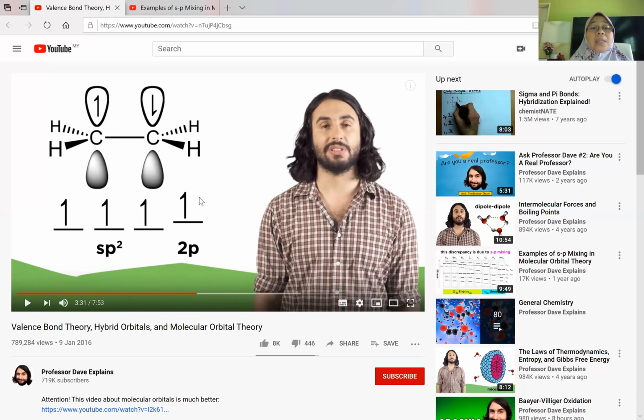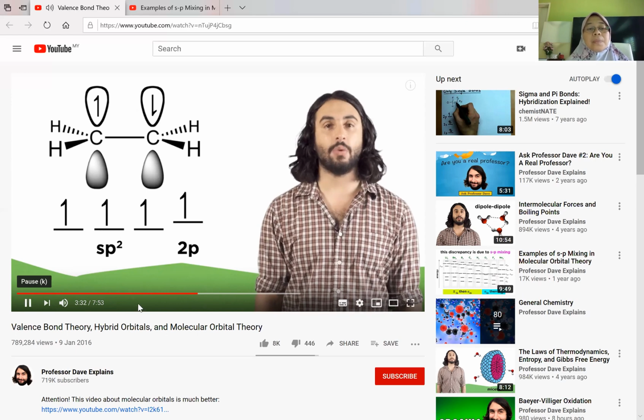So one unhybridized p orbital will form the pi bond, meaning that this carbon has one unhybridized orbital, and this carbon has one unhybridized orbital. So if you can imagine it in a 3D form, the clouds of electron are overlapping, forming a pi bond.